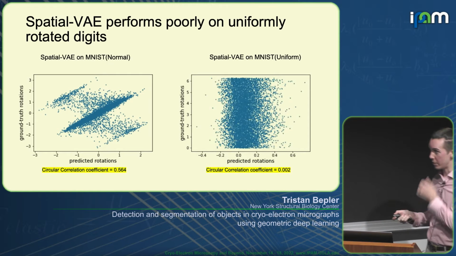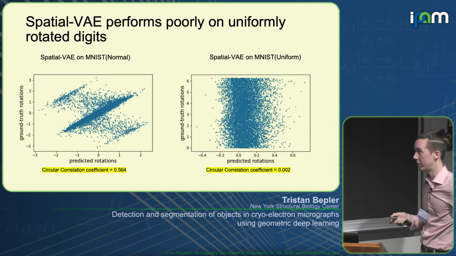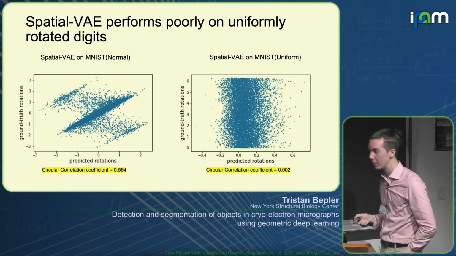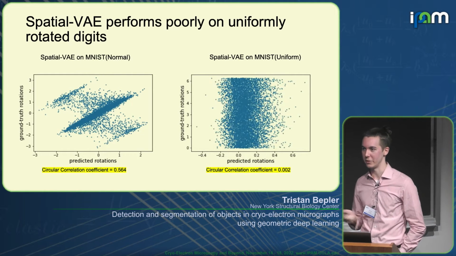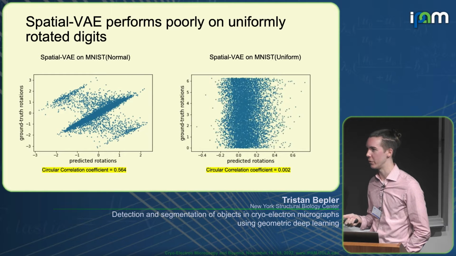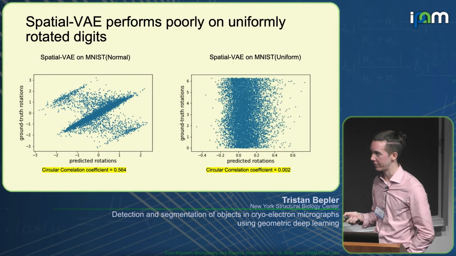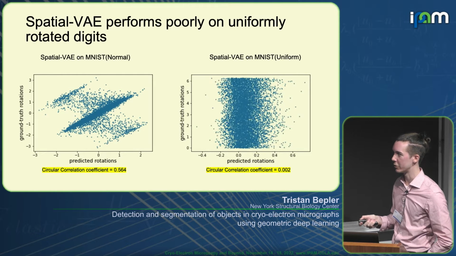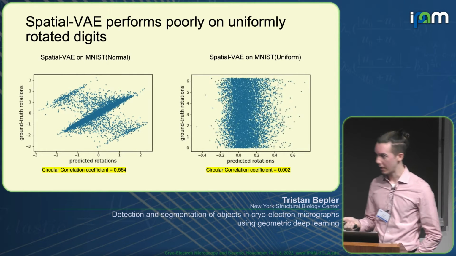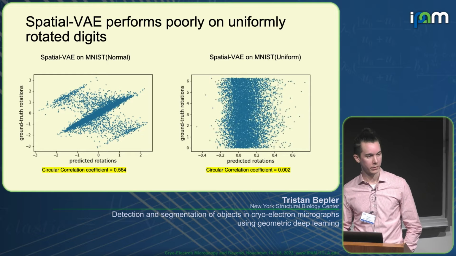To start, I'll show you the baseline, which is this VAE with the naive encoder. You can see it kind of figures something out when your digits aren't uniformly rotated. It has some non-trivial correlation between the predictions and the actual rotations, but it fails, as I mentioned before, on the uniformly rotated data set.